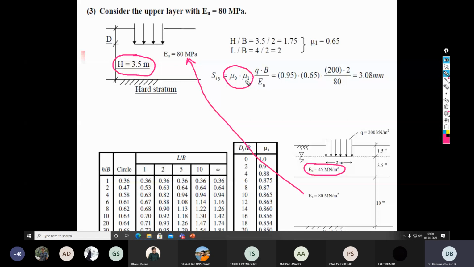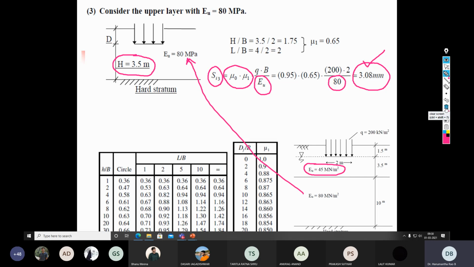The only change is that in step 1, the value of EU was 45 megapascals, but in step 3, the value of EU was 80 megapascals. So substitute all the numerals and calculate the value of elastic settlement, that is SI third layer. So here we will get more than 3 millimeter.